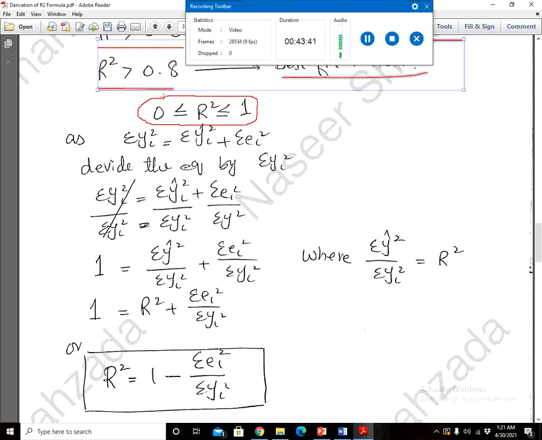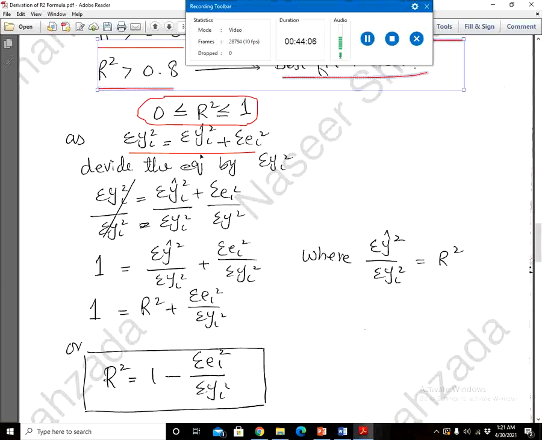lies between 0 and 1, and it can be proved from the basic equation that we have previously derived, that summation small yi square is equal to summation yi cap square plus summation ei square. It means the sum of square of total variation is equal to the sum of square of explained variation plus the sum of square of unexplained variation.